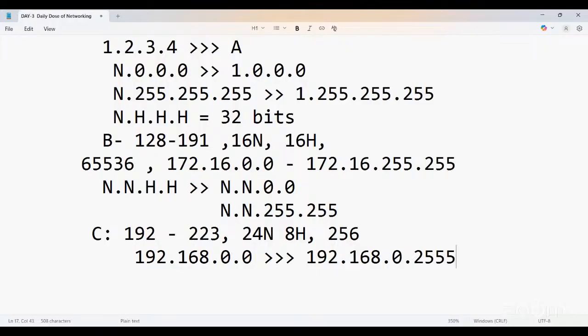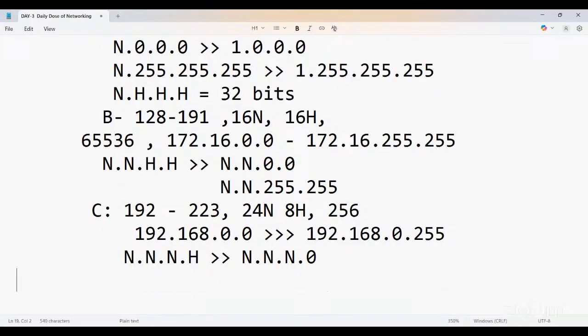After that, you will have the pattern network dot host. Any IP will look like this, and its network ID will be network dot 0, and then the broadcast IP will be network dot 255. That's all.